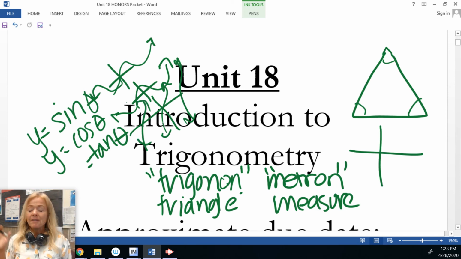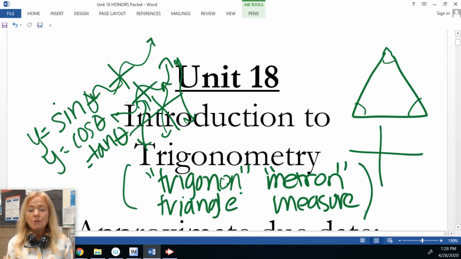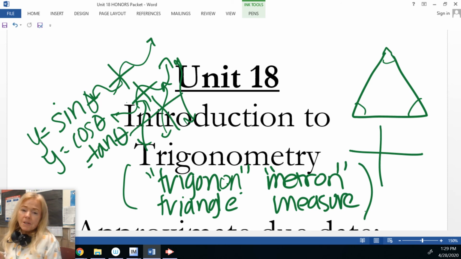They have graphs. They have everything to do with them, but it's very important to know that we use trigonometry a lot with triangles. Now, they're not just tied to right triangles. Well, they are tied to right triangles, but there are formulas and things we can use sines and cosines with to find side measures and angle measures of non-right triangles.